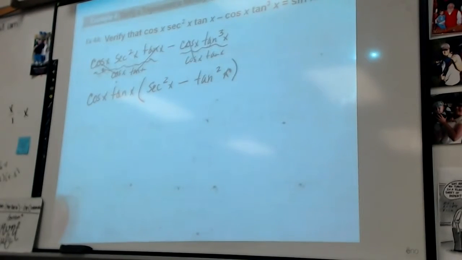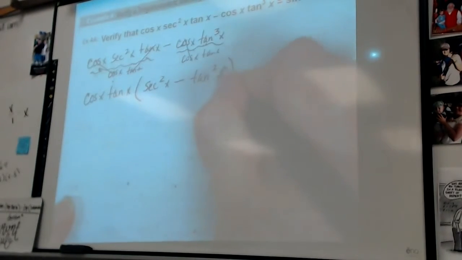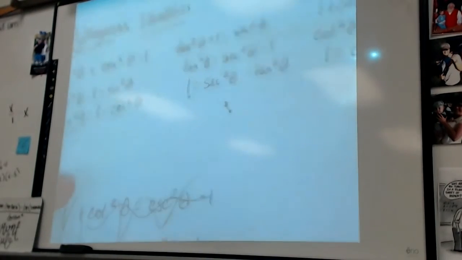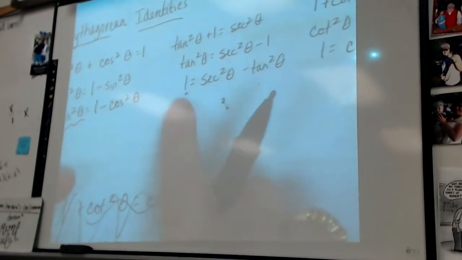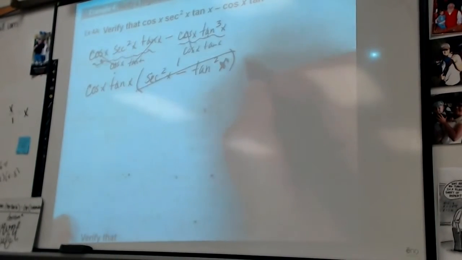All right, so now look at your identities, because I have some squared terms here, 2 of them, so maybe there's an identity for that. Exactly. If you look right here, secant squared minus tangent squared is just 1. So this whole thing can be simplified to 1.